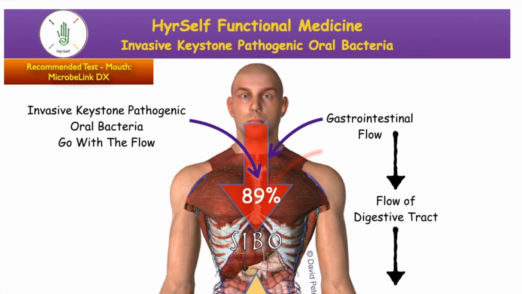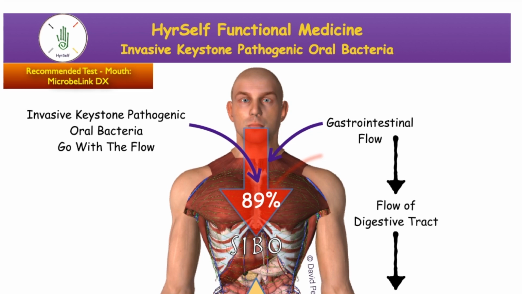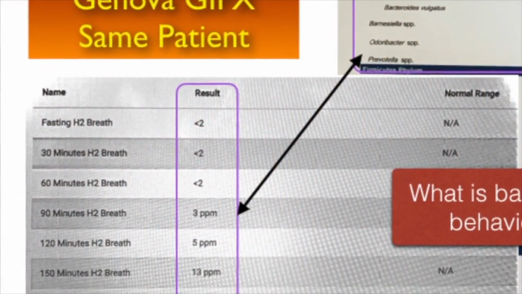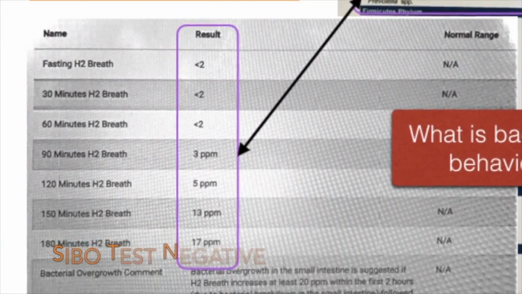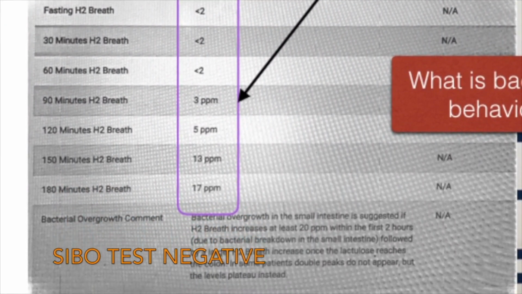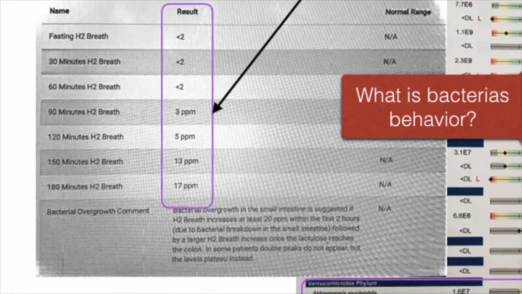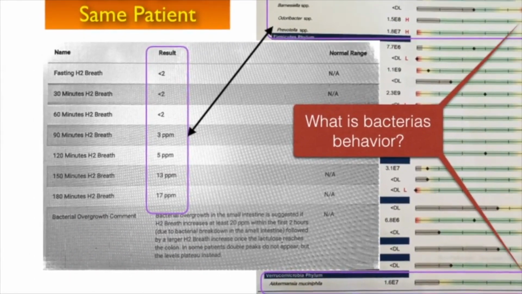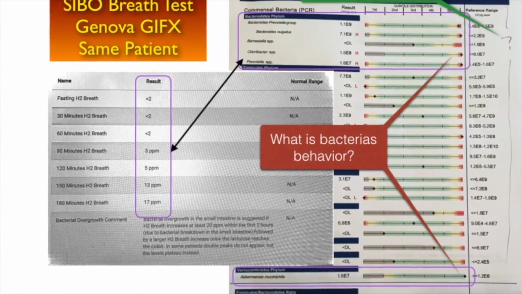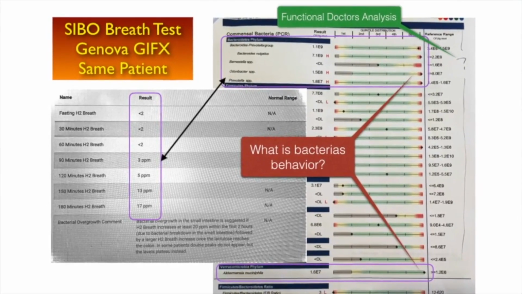Why don't SIBO doctors discuss oral bacteria? The SIBO breath test cannot identify specific species of bacteria. For example, here you see the results of a SIBO breath test and the Genova GIFX for the same patient.